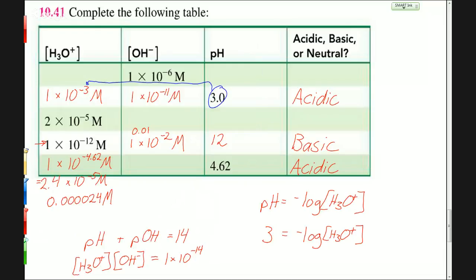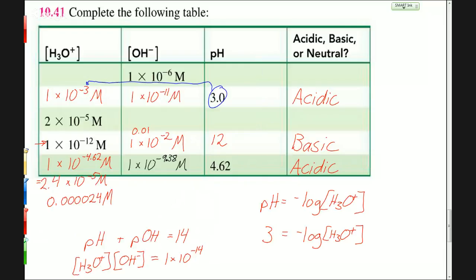Now, to get the hydroxide concentration, we would do the same thing, but again, with some trickier numbers. So we might subtract 4.62 from 14. So 14 minus 4.62 is 9.38.